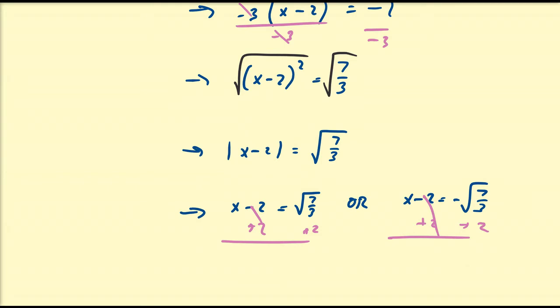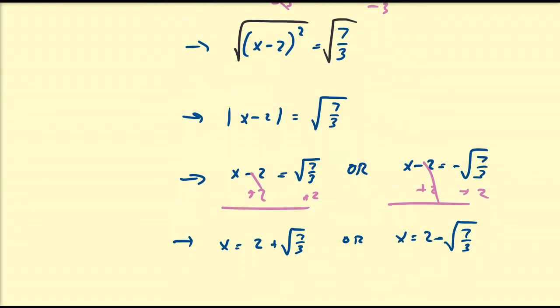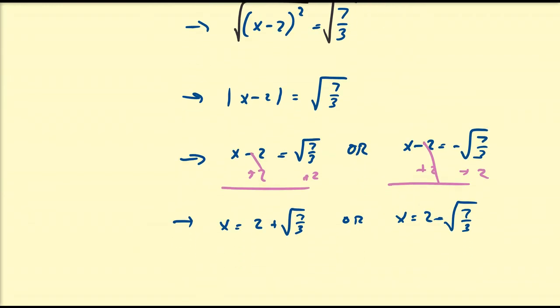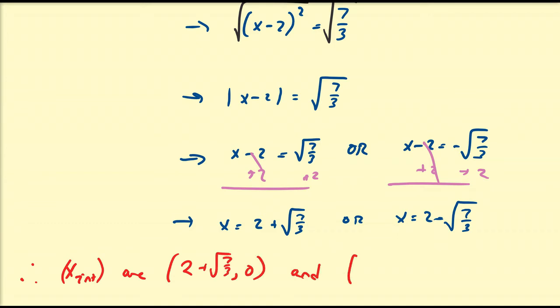And then I have my two values. x is equal to 2 plus the square root of 7/3, or x is equal to 2 minus the square root of 7/3. So therefore, my x-intercepts are 2 plus the square root of 7/3, comma 0, and 2 minus the square root of 7/3, comma 0.